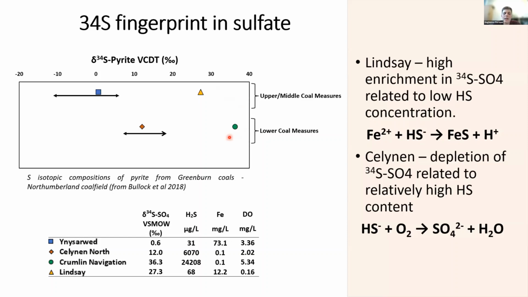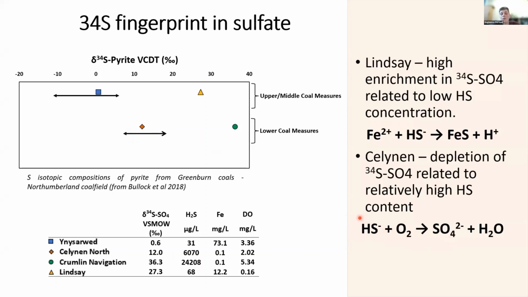A thing to point out here is that we also measured the concentration of hydrogen sulfide, and for one site here, the Selene North, we have a high concentration of hydrogen sulfide in the outflow, but the sulfur-34 and the oxygen-18 may be seen as just pyrite oxidation as the only source of sulfate. Well, we can speculate that a chemical reaction between hydrogen sulfide and oxygen may actually mask the isotopic fingerprint of sulfate derived from sulfate reduction.